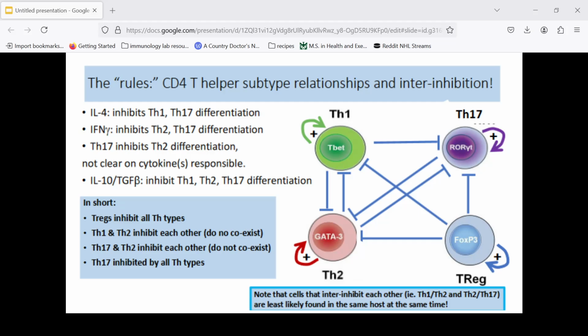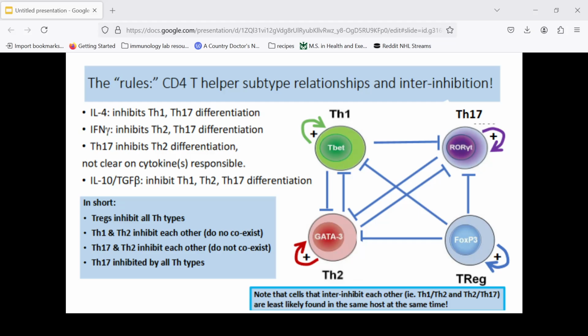Here's some of that inhibition, how we can see TH1 and TH17 together. We cannot see TH17 and TH2 together because that's too much degranulation and it causes damage to the body. And we can't see TH1 and TH2 together because that's like everything, and it would be stupid to do every single strategy against a pathogen when you're only really going to need to use one.